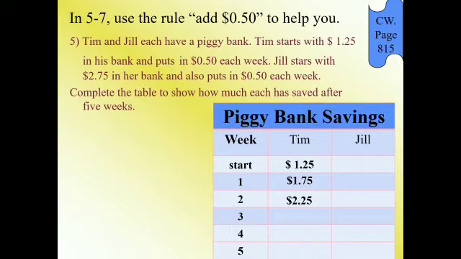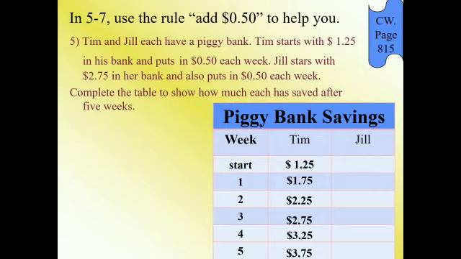For the third week we add half a dollar, so it becomes 2.75. Next it becomes 3.25. For the last week, if we add half a dollar, the total is 3.75.